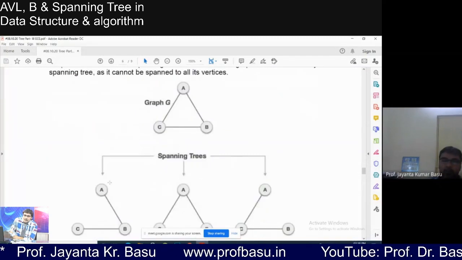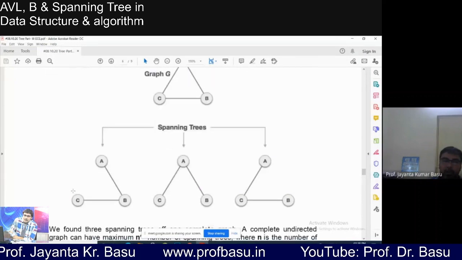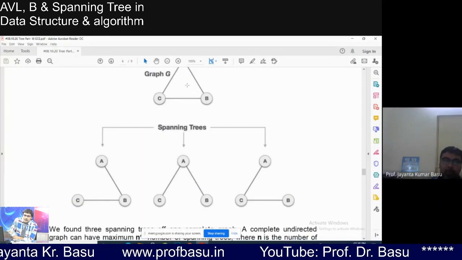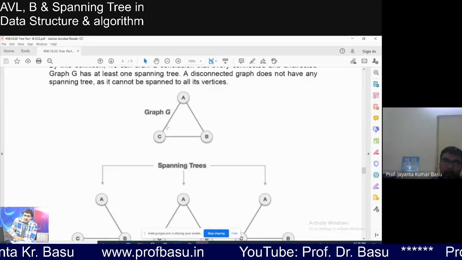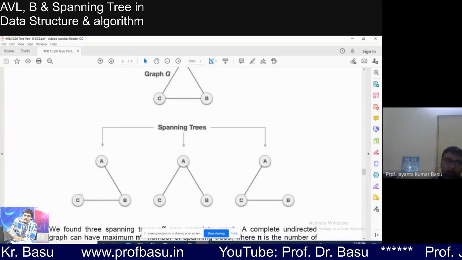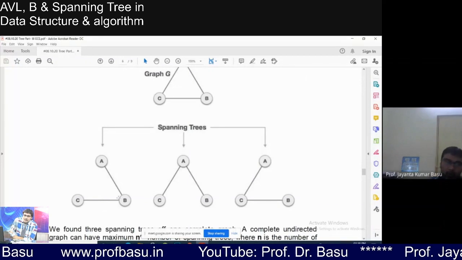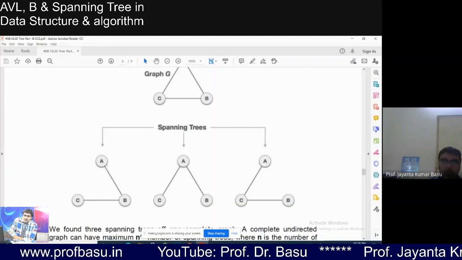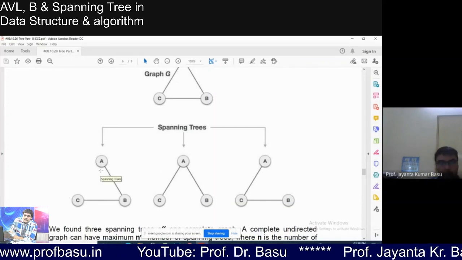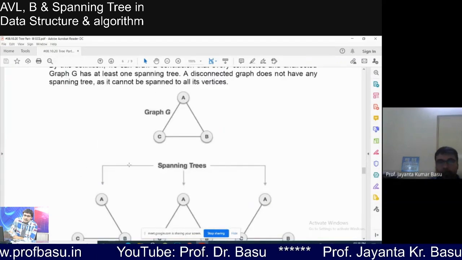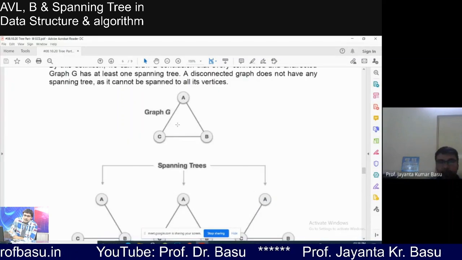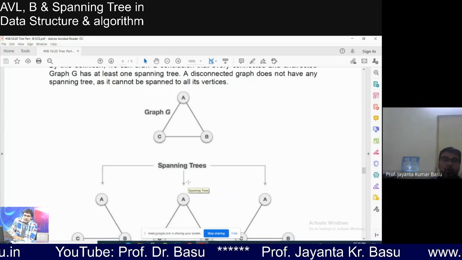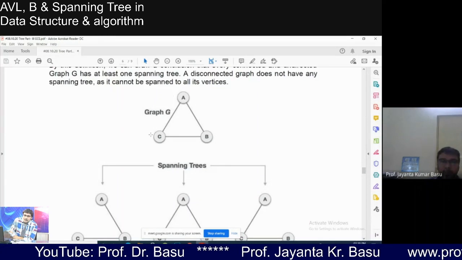We have to disconnect the paths in such a way that no nodes are disconnected. Nodes will be connected, but it will not form a closed graph or cycle. So three kinds of spanning trees we can generate from this graph. You may get a question that says draw all types of spanning trees for this graph.